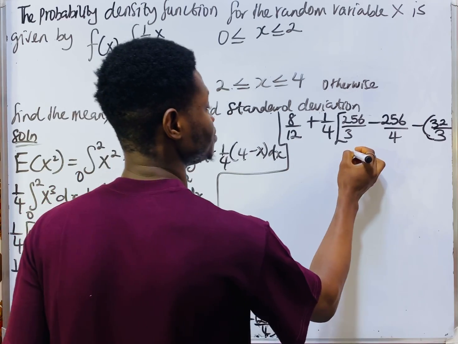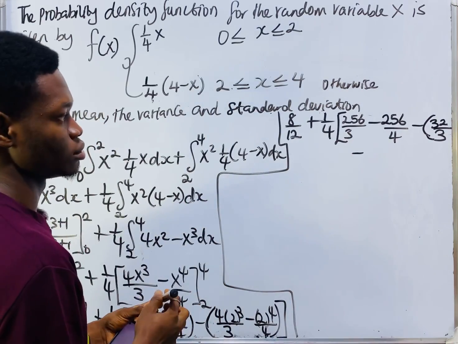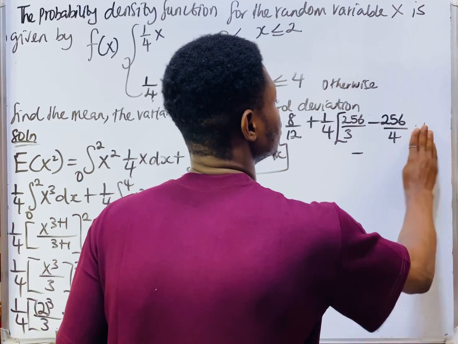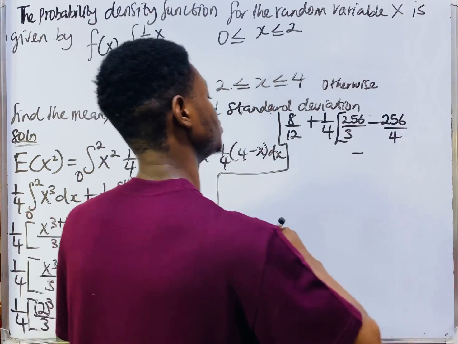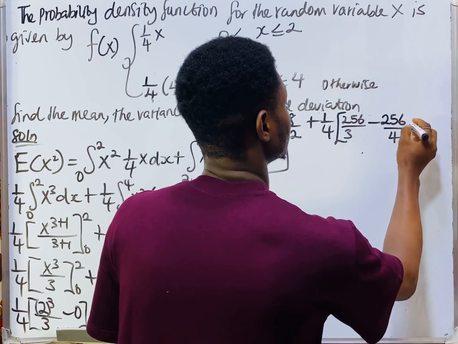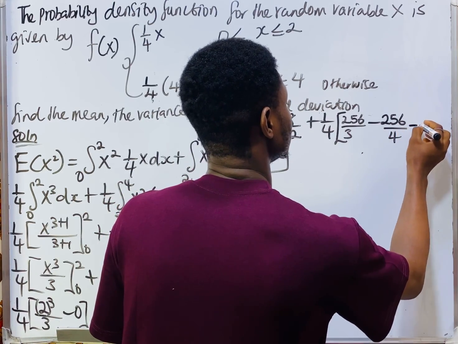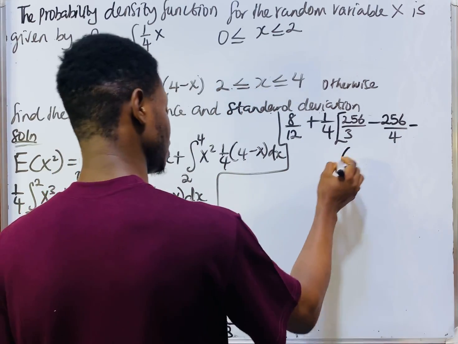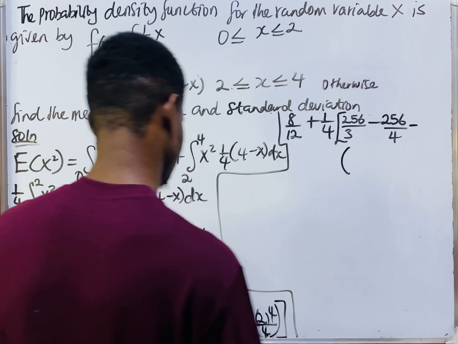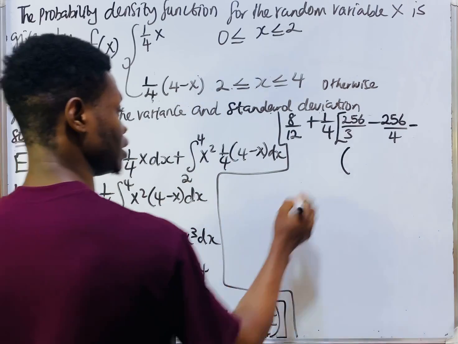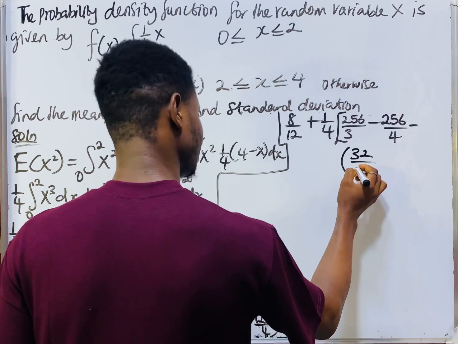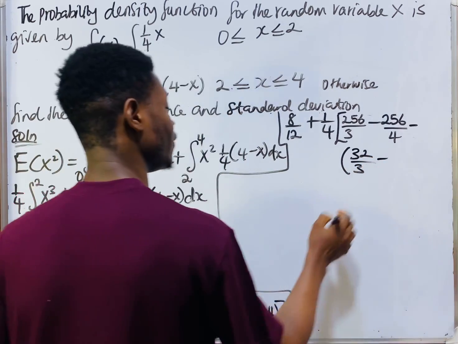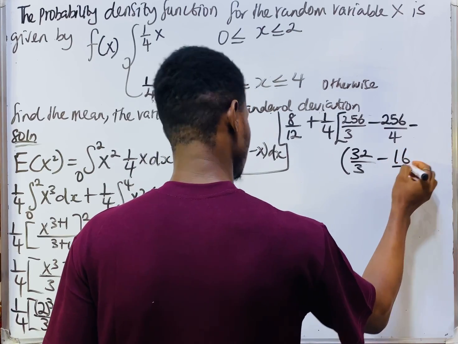Then minus, let me bring this to this place so I don't get confused. Then we have 2 to the power of 3 is 8 times 32 over 3, right? Minus 2 to the power of 4 is what? 16 over 4.